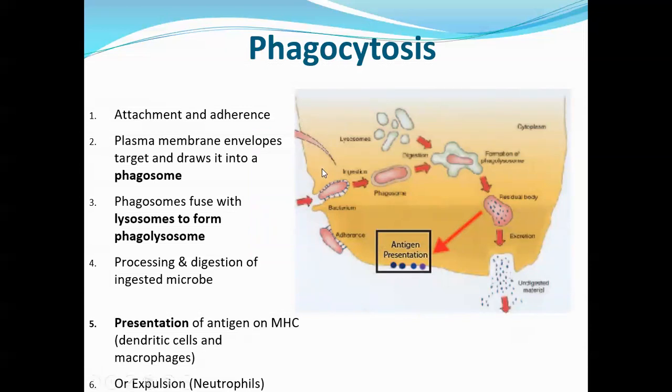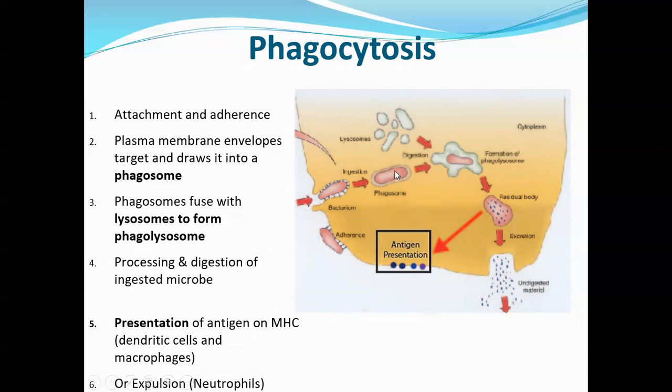So when I say phagocyte, I'm talking about a cell that is able to perform phagocytosis. As I said, there are three kinds of cells that can perform phagocytosis: the neutrophil, the dendritic cell, and the macrophage, right?